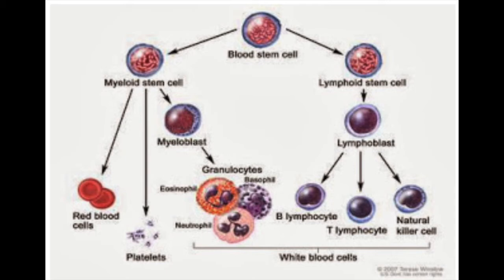Then we have macrophages, which are phagocytes or antigen presenting cells. This cell type takes up foreign molecules and degrades it and chews it up and then presents that degraded material on the cell surface, and it signals the immune system and alerts the body to take action when necessary.